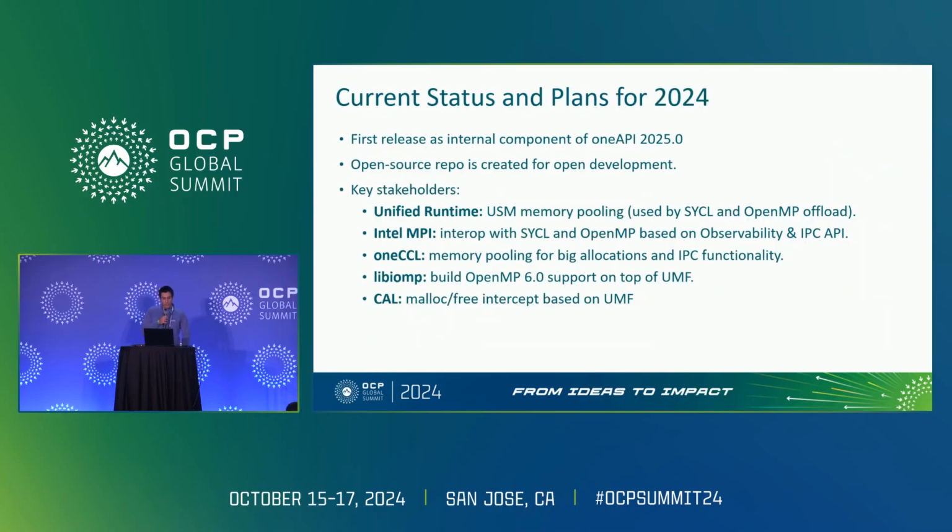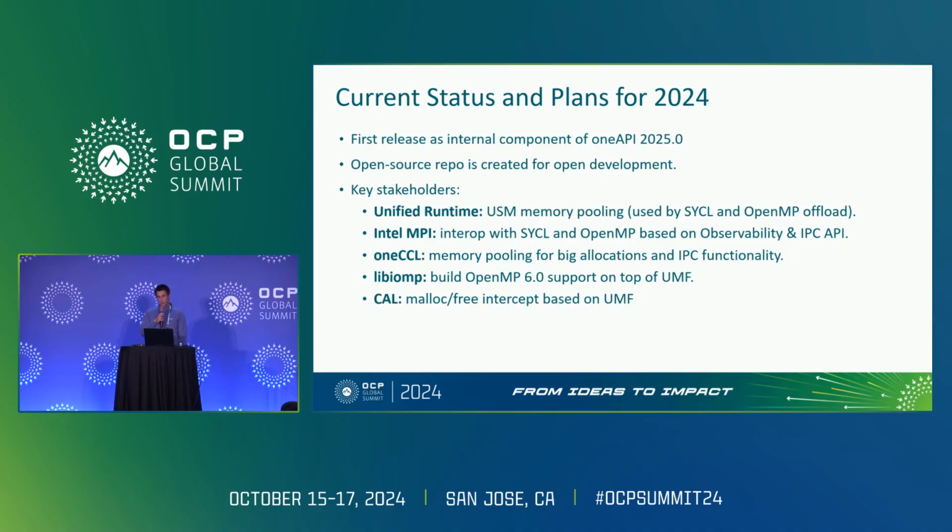So the current status for UMF is that we are releasing this as an internal component of oneAPI 2025. It is used by several projects at Intel. One of them is Unified Runtime, where it is used for managing GPU memory, so USM memory pooling.